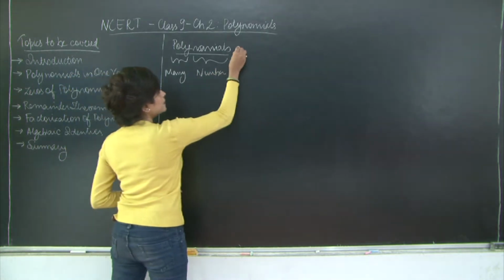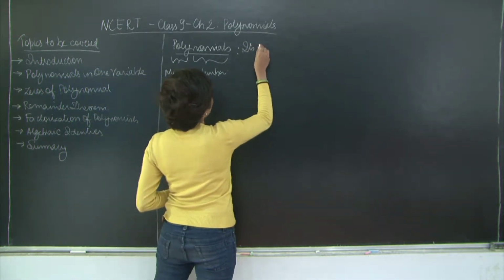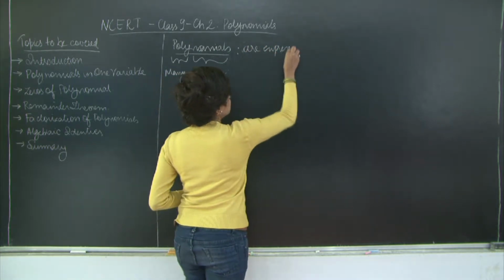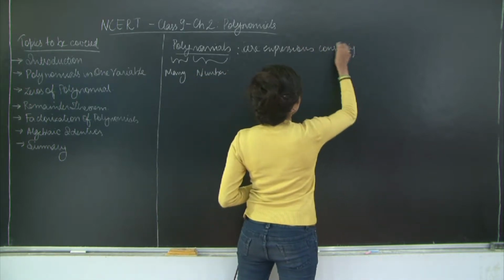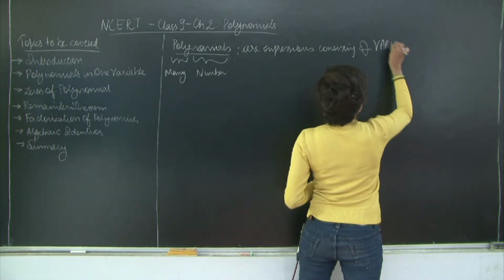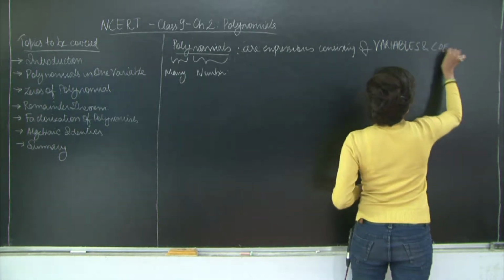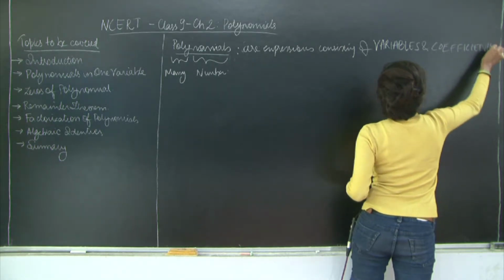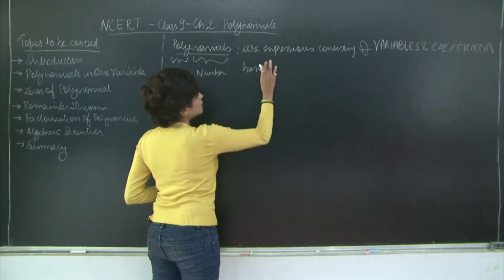And the basic definition of polynomials: polynomials are expressions consisting of variables and coefficients, then basic algebraic functions.